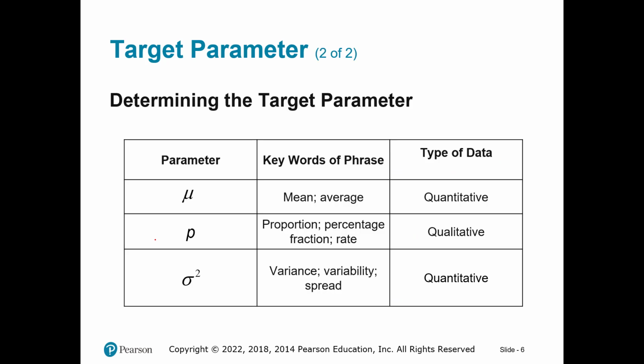Then our target parameter example: we want to know the mean, the proportion, percentage, fraction, rate, or we want to know the variability, the spread, which is the standard deviation or variance, and they are definitely quantitative, not qualitative. We want to know the number, right?